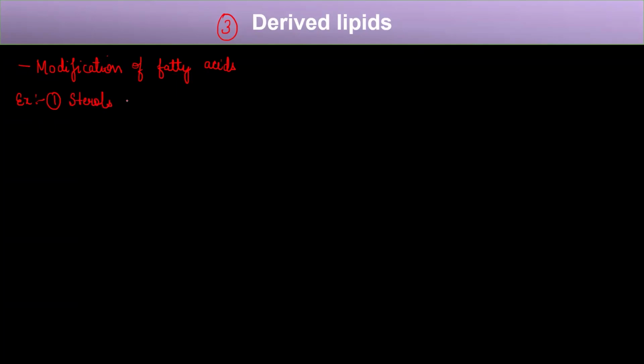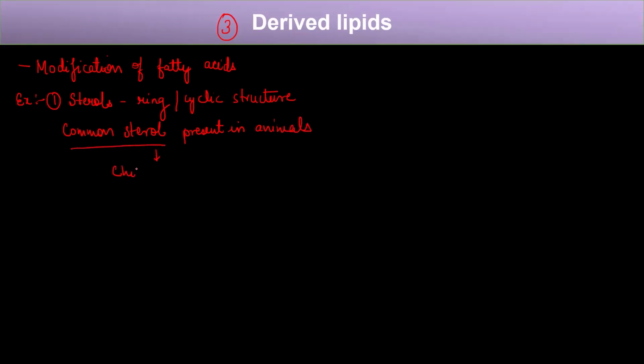Now, what are sterols? If you look at the structure of a sterol, these are ring or cyclic structures. The common sterol present in animals is cholesterol, the cholesterol that I was talking about in the previous slide.